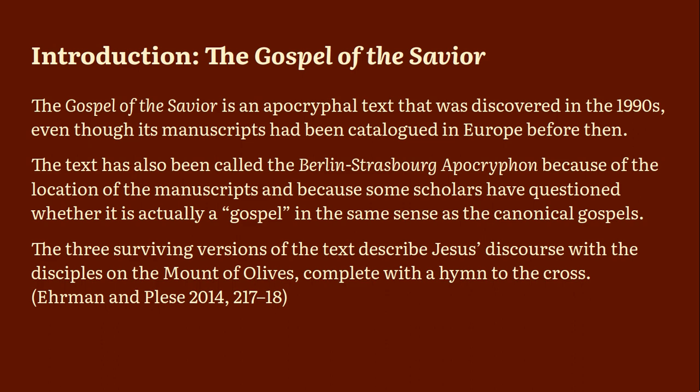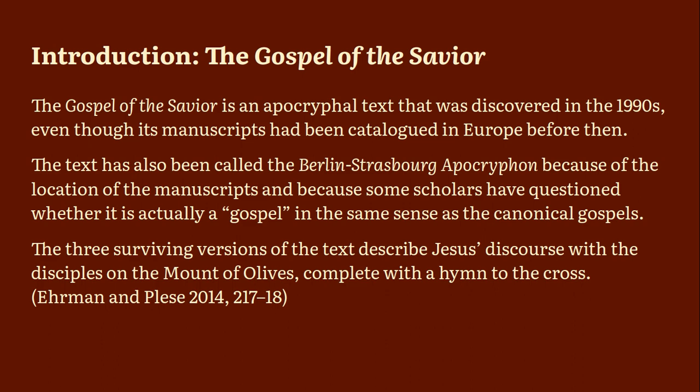So let's start by just talking about the basics of the Gospel of the Savior. This Gospel is an apocryphal text that was discovered in the 1990s, even though its manuscripts have been catalogued in Europe and in other places before then.